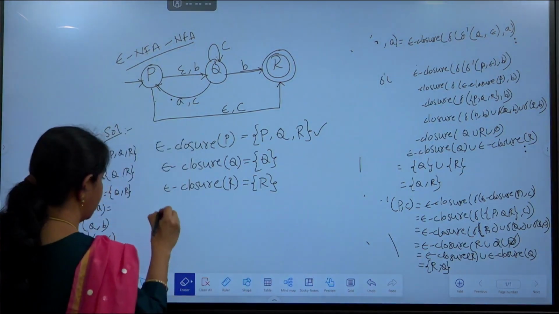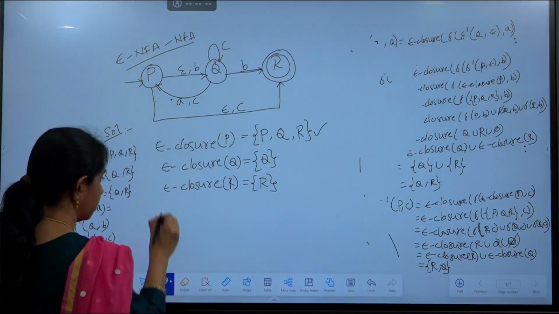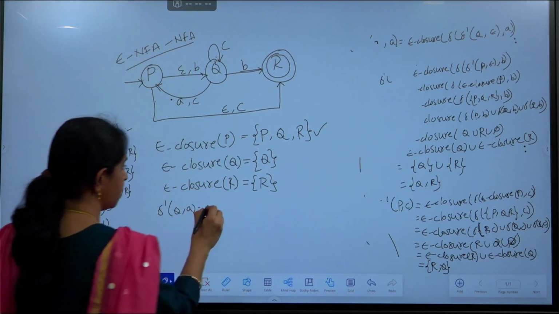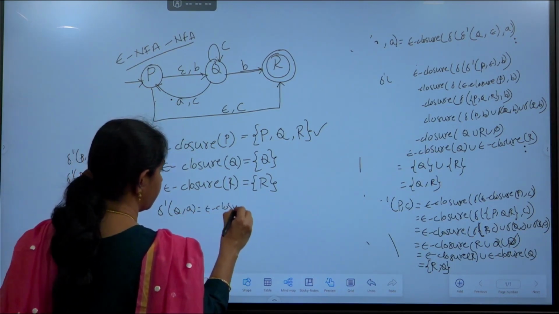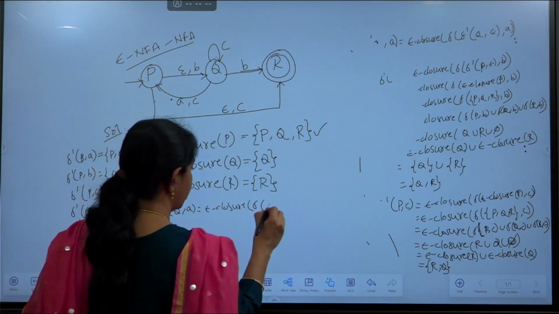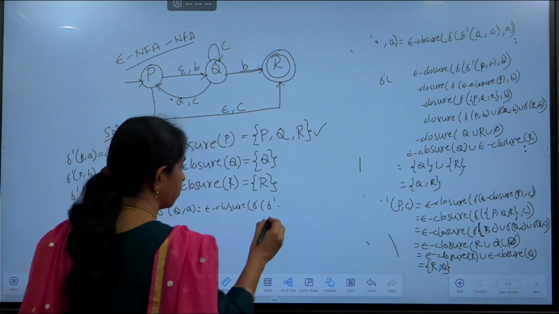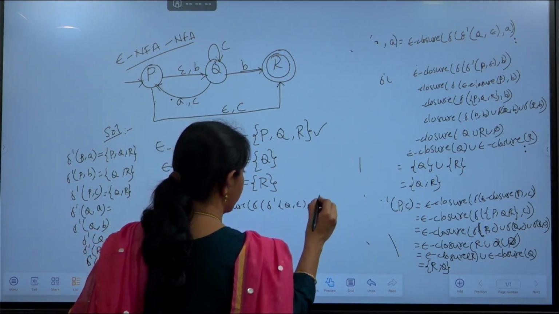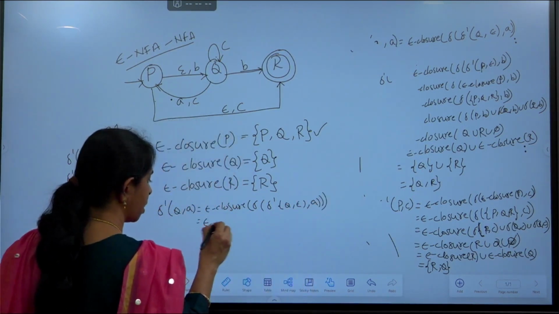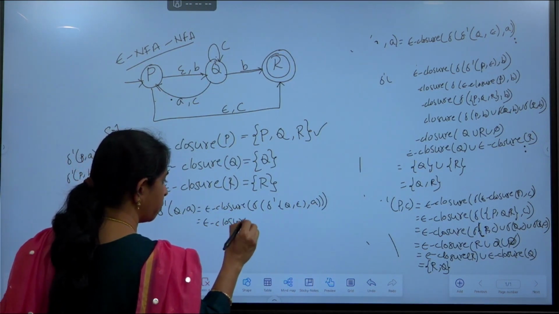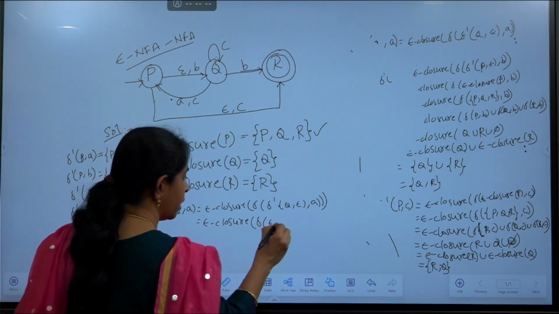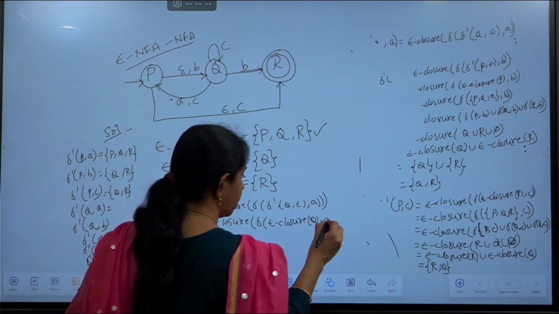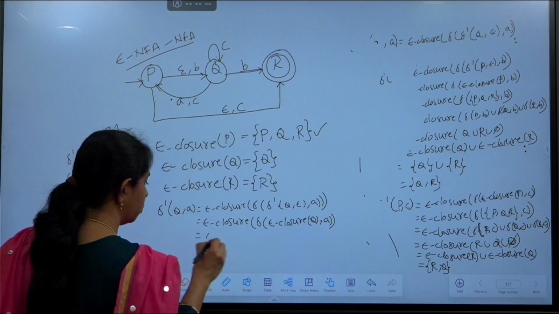So we will write for delta dash of Q comma A. That means epsilon closure of delta dash of Q comma epsilon comma A. That means epsilon closure of delta of epsilon closure of Q comma A. What is epsilon closure of Q?